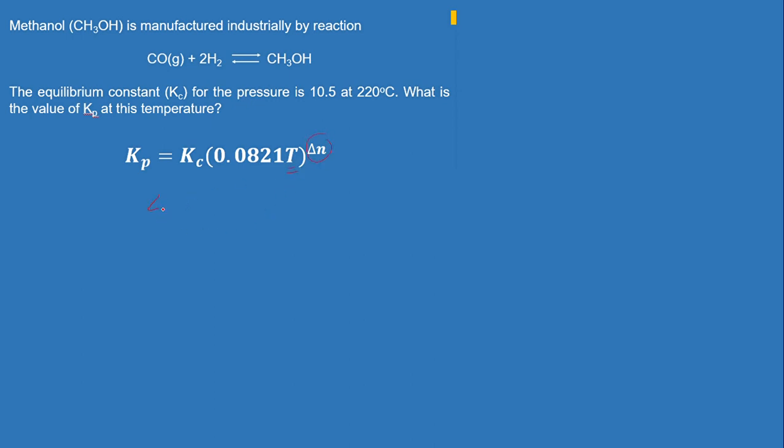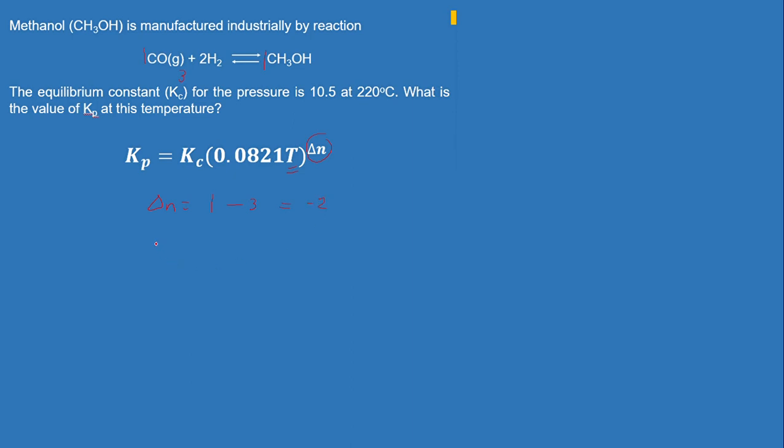Okay? So, delta N is the mole of the product minus the mole of the reactant. Ang mole ng product natin ay 1. Okay, 1 lang kasi yan. Sa reactant naman, we have 1 and 2. So, total of 3. So, 1 minus 3. So, ang ating delta N is negative 2.